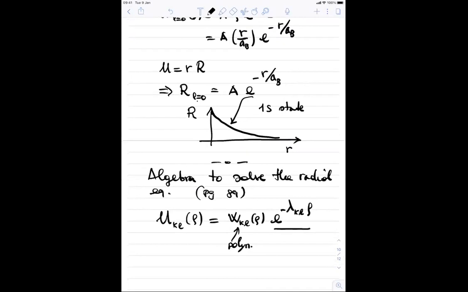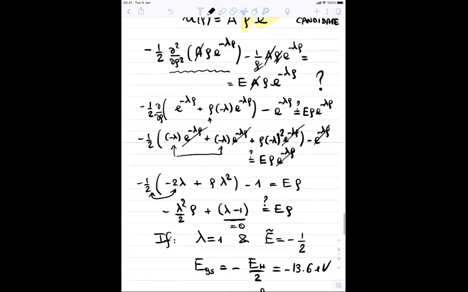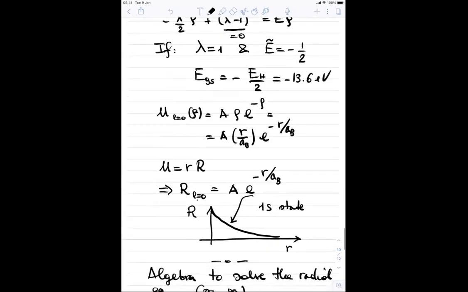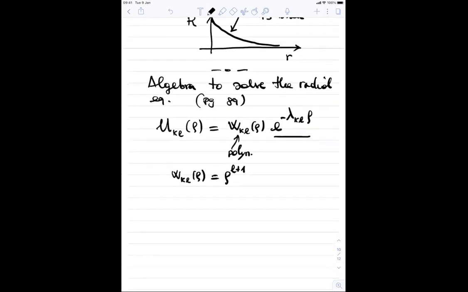The rest is a polynomial, and I know that this polynomial, or function of R, should start in a very precise way. It should start like rho to the power L plus 1. This is fact number 1 here. Very good. Well, rho to the power L plus 1 times what? Times anything.